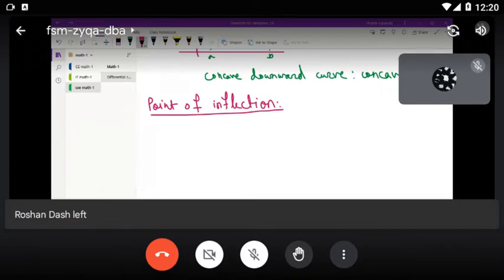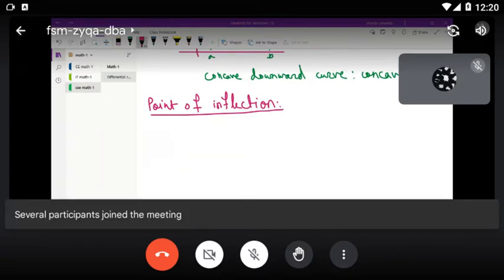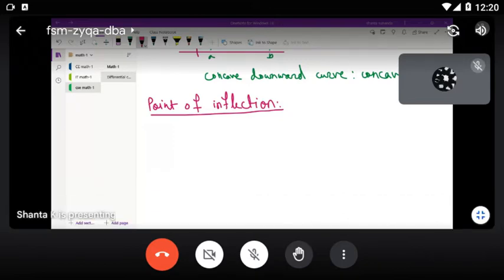And we are getting zero because concave upward means we have positive second order derivative, concave downward means we have negative second order derivative. So the point where it changes, it has to be zero. From this definition only we are getting that second order derivative is zero. So only the first part is enough, because from the first part only we are getting this second order derivative is zero.